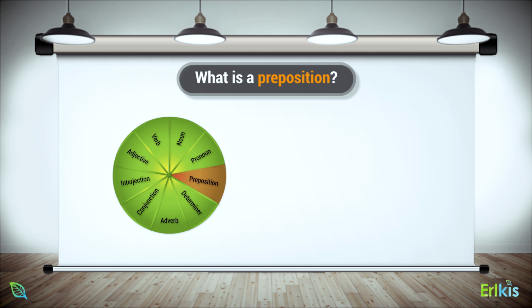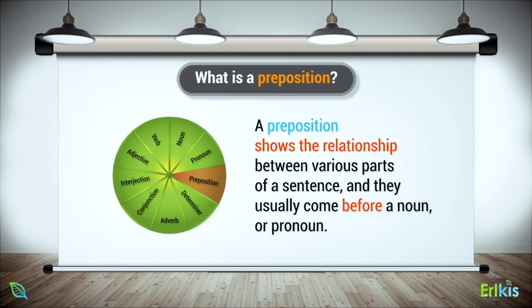In its simplest form, a preposition is a word or a very short combination of 2 or 3 words that show the relationship between the various parts of a sentence. And they usually come before a noun or a pronoun.